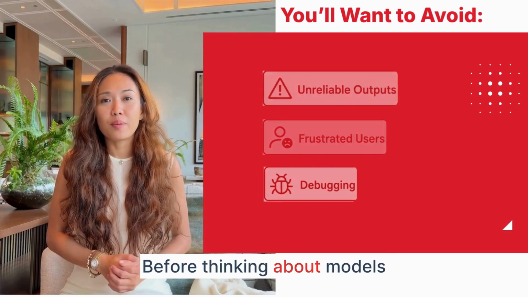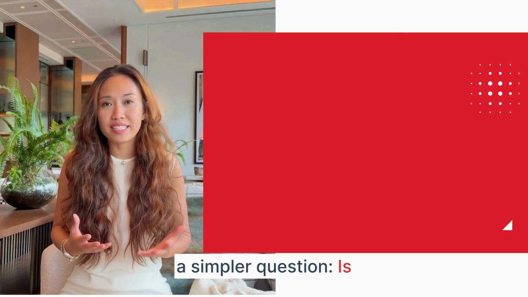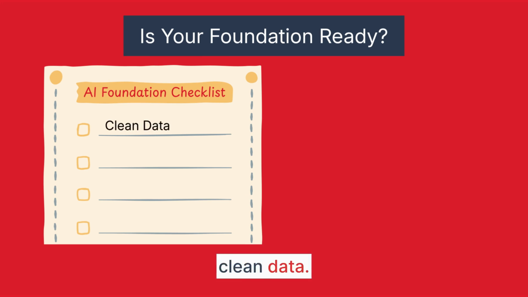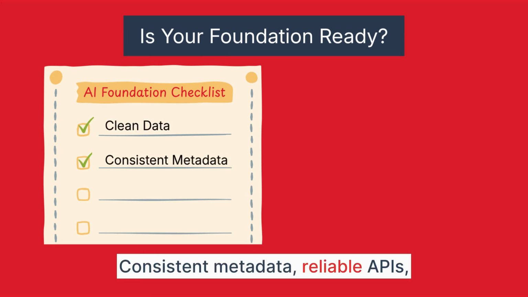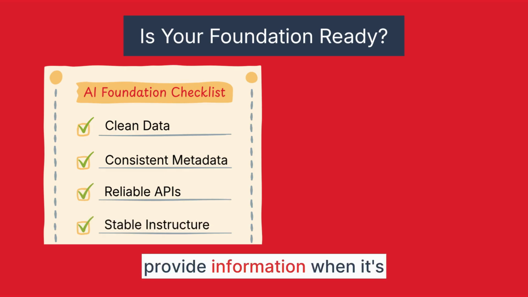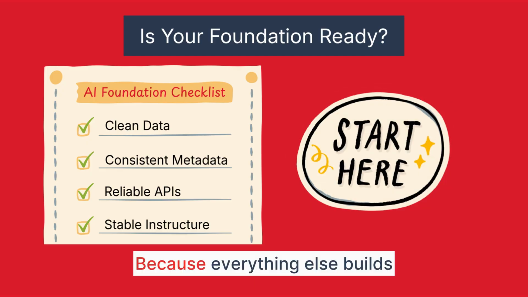Before thinking about models or chat interfaces, ask a simpler question. Is the foundation ready? A strong foundation means clean data, consistent metadata, reliable APIs, and infrastructure that can provide information when it's needed. If those pieces are already in place, great. If not, that's your starting point, because everything else builds on top of it.